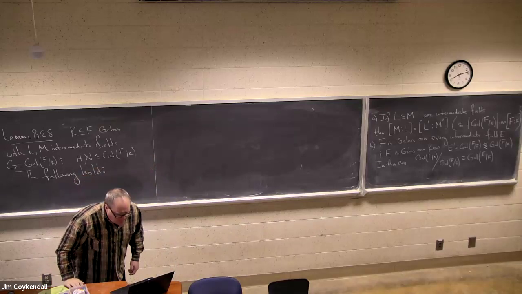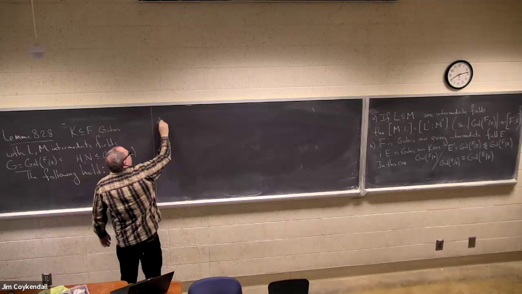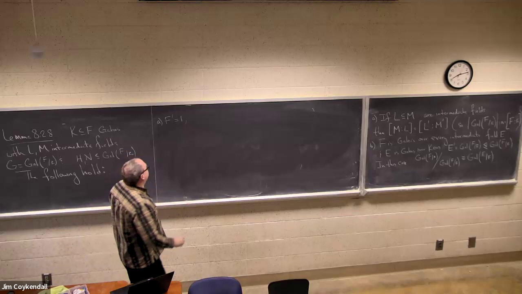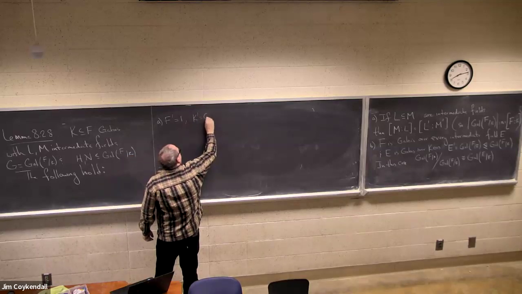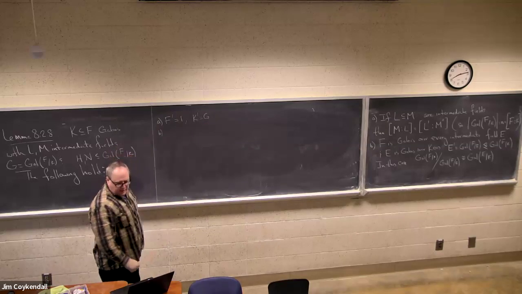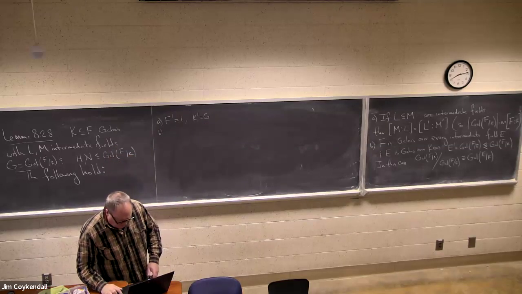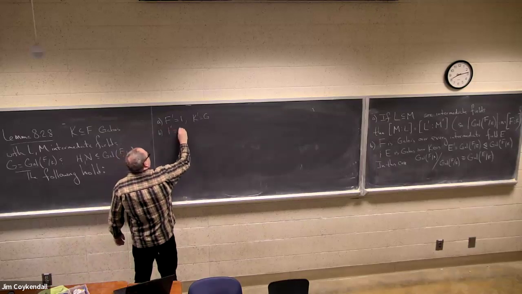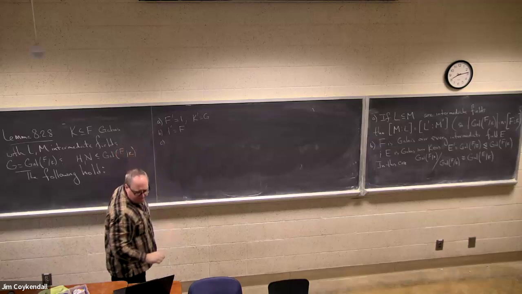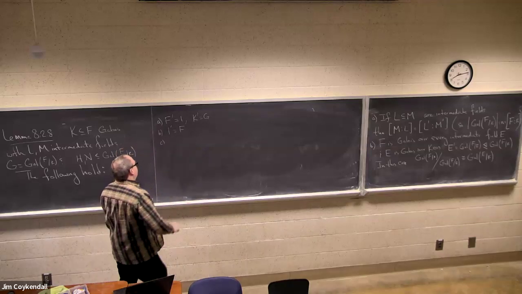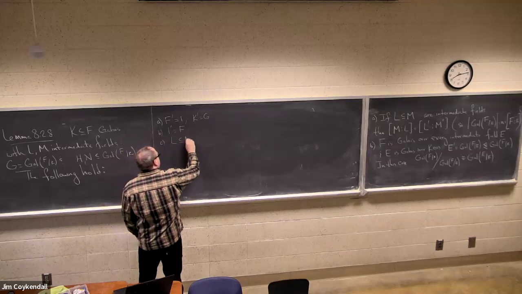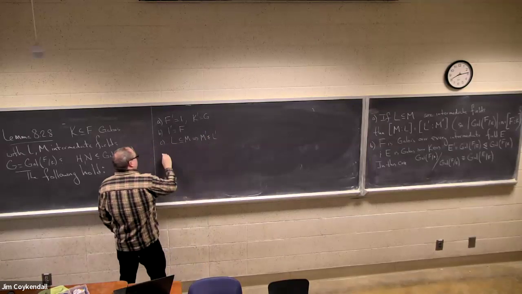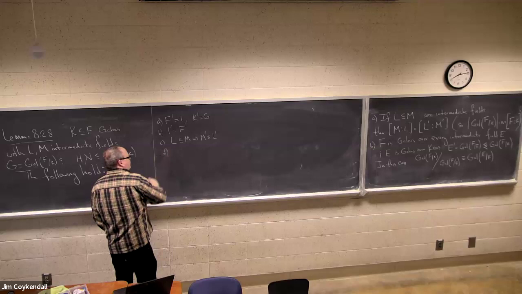Number one, A: F prime is 1 and K prime is G. Number B: 1 prime equals F. C: If L is contained in M, then M prime is contained in L prime.